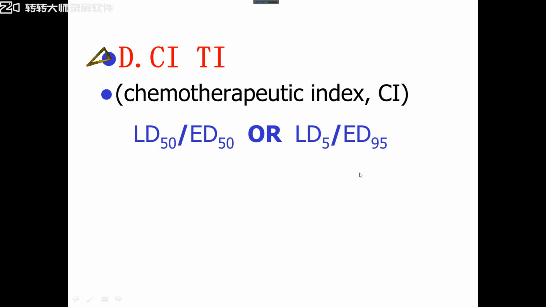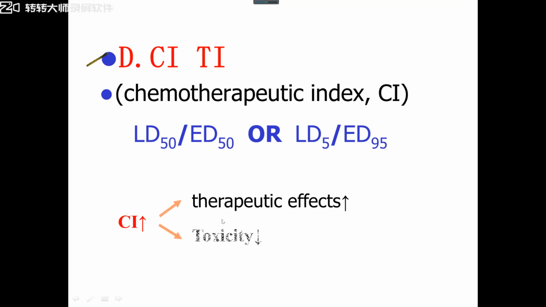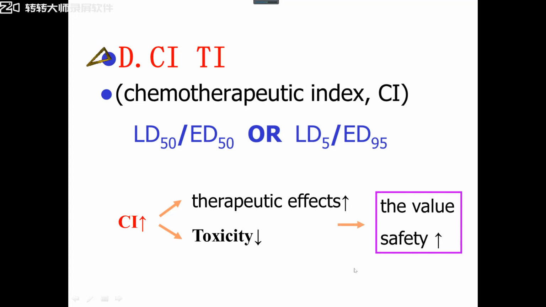We call this ratio the chemotherapeutic index. Because we have studied the TI, we know that the larger the value of CI, the higher the effectiveness and the lower the toxicity. That means the larger the value is, the more safely it can be used in clinic.